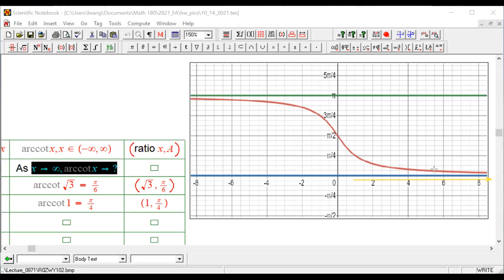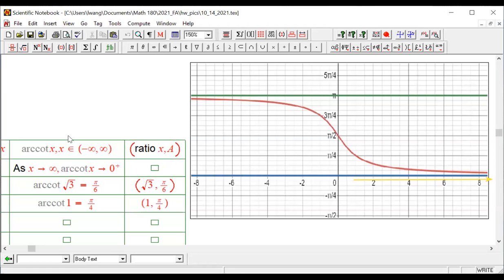You see the red curve is getting lower and lower, approaching 0 from larger than 0. Do you guys see that? So this piece will be approaching 0 from larger than 0.